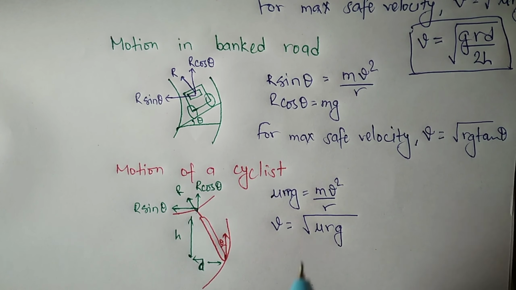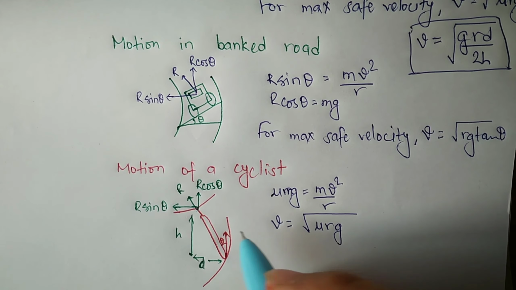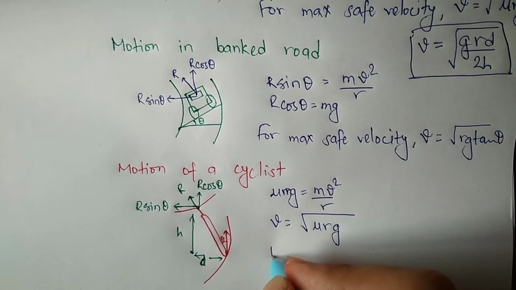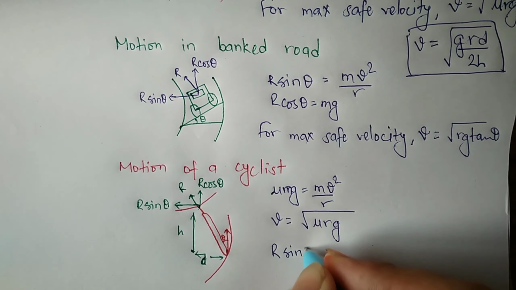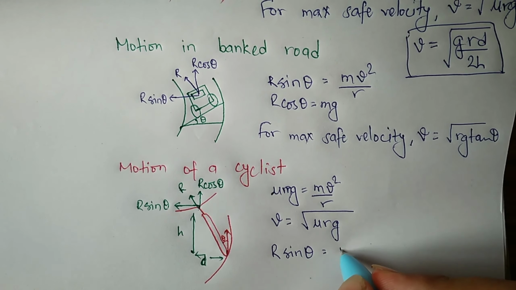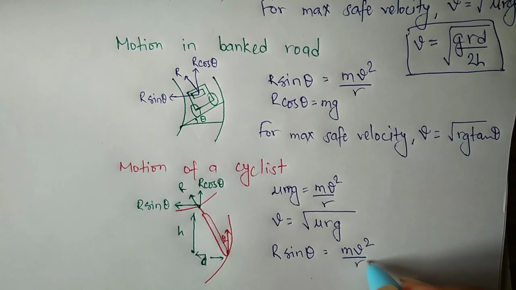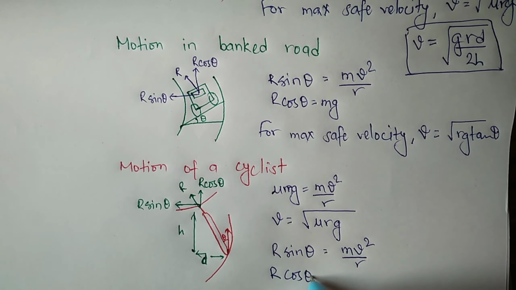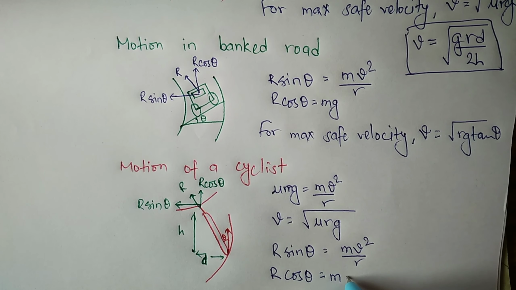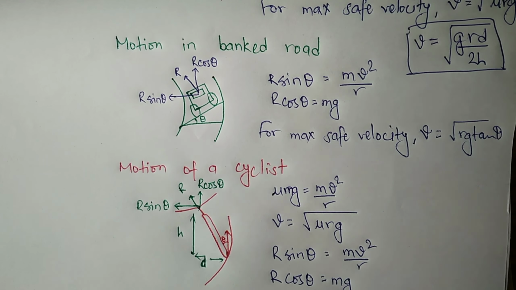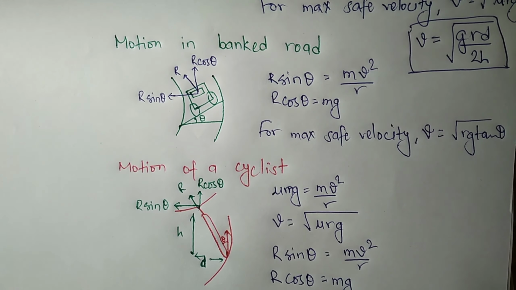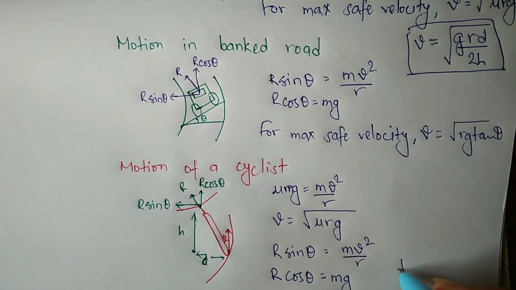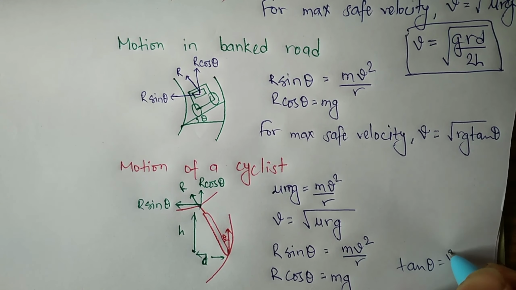Well, when a cyclist turns around a curved road, it will lean by angle theta. So R sin theta will give the centripetal force mv square by r, and R cos theta will be balancing the weight mg. So in this case also tan theta is equal to v square by rg.